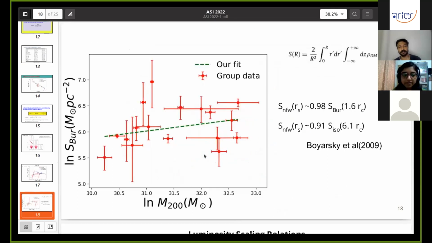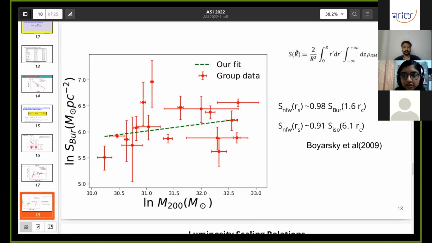Sorry. So now coming to this, surface density is a quantity which is very model dependent. This is only valid in the case of cored profiles, but not all dark matter halos are of cored profile, so we have to have some more universal quantity.